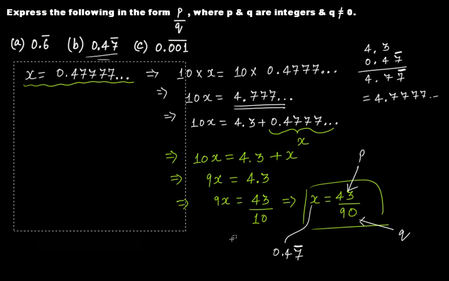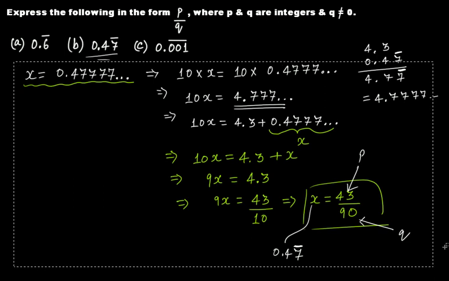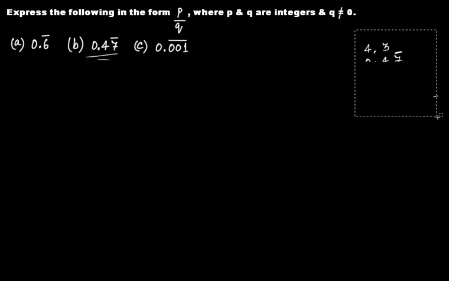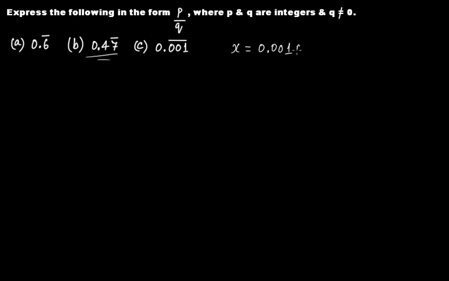The last one, in this case this is 0.001 with the bar. So let's assume that x is equal to 0.001001001 and so on.